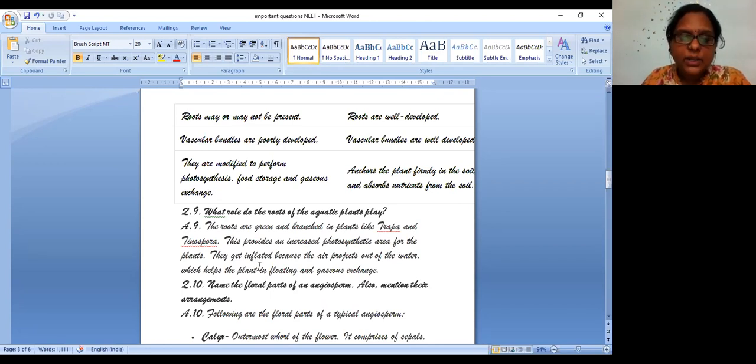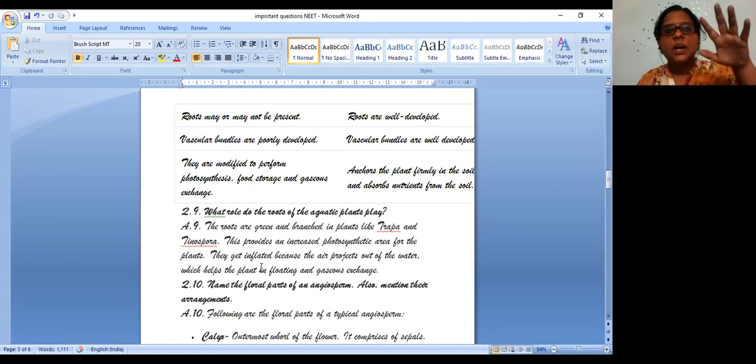Another one is that they get inflated. Very important, students, that I told you about floating, right? Most of the aquatic plants, their roots will get inflated so that they can float on the water.